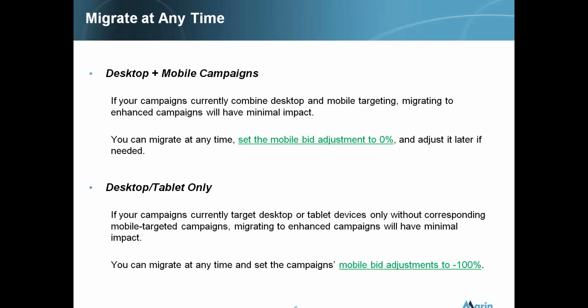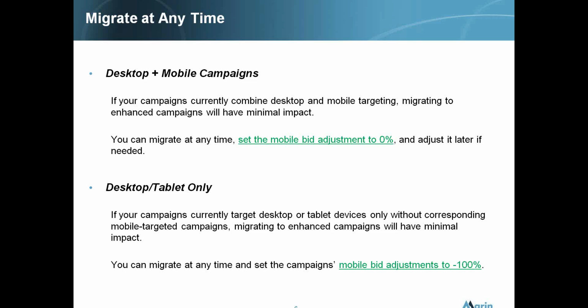So if at this point you are not targeting the 2 types of devices separately, for example, you have 2 campaigns with the same keyword targeting one or the other, so if you don't have that kind of setup and you are just targeting all devices, then you can go ahead and migrate over to enhanced campaigns. And if you set the mobile bid adjustment to 0%, and then adjust it later if you feel that's necessary, this will, for all intents and purposes, allow you to run your campaigns as is, but on the enhanced platform.